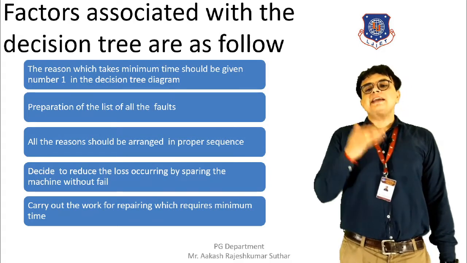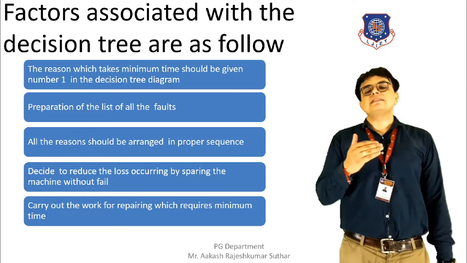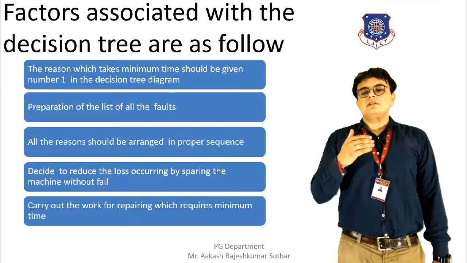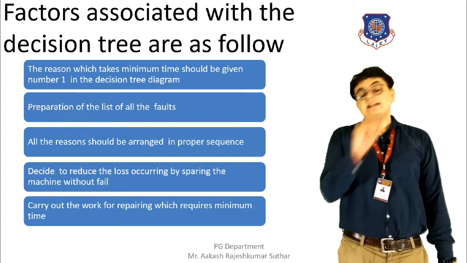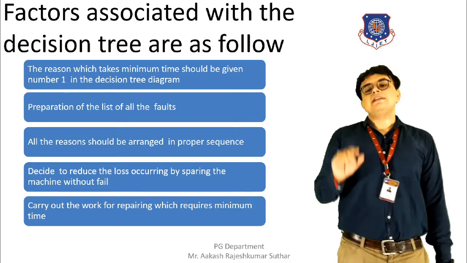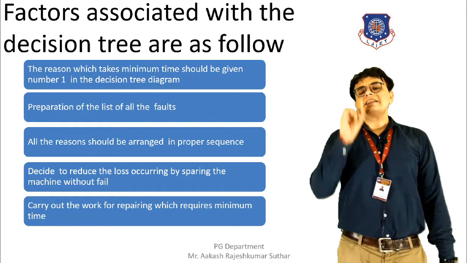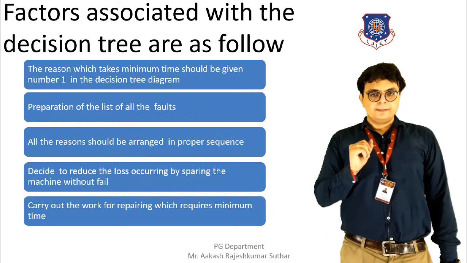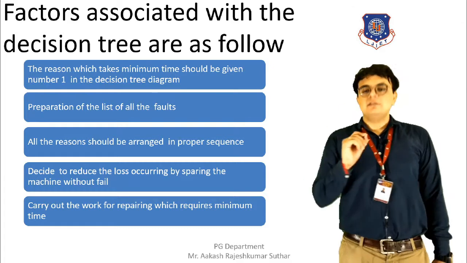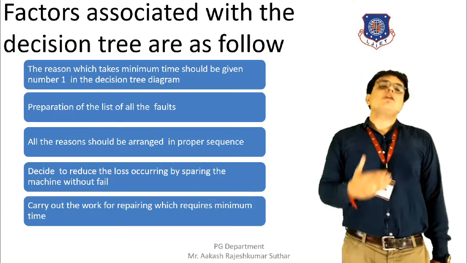We should arrange all the faults as per a certain criterion. That is, the fault which takes the least time to recover should be listed first. It should be at number 1 in the list of faults.